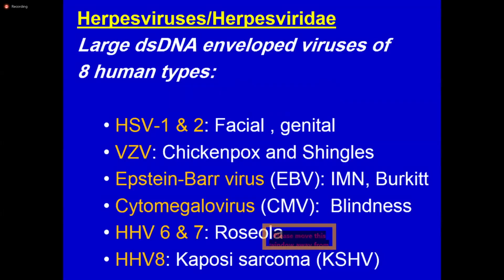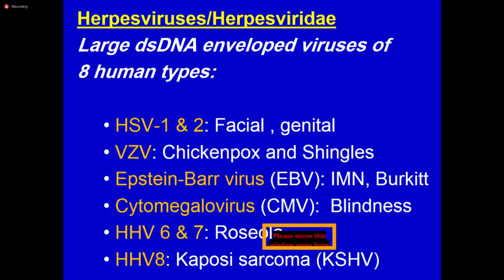With this lecture, I am going to continue what we started yesterday regarding viral infections of the skin and mucous membrane. Today, we will speak about herpes viruses, which belong to Herpesviridae. Once you see viridae, it means family.